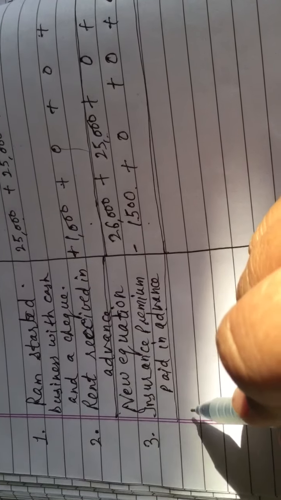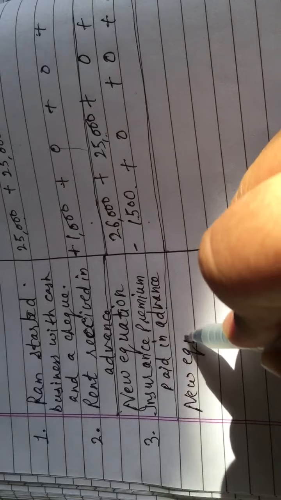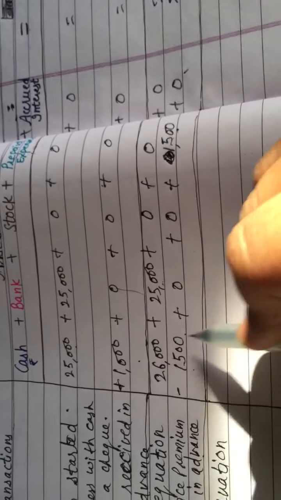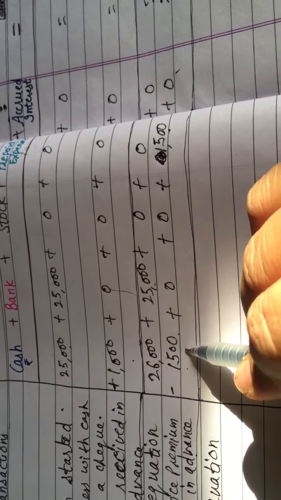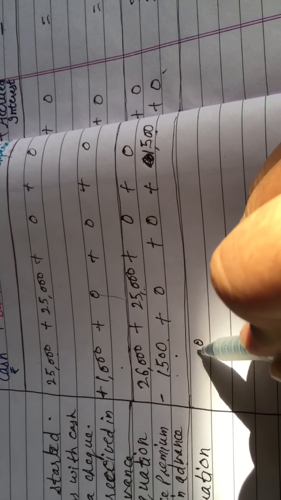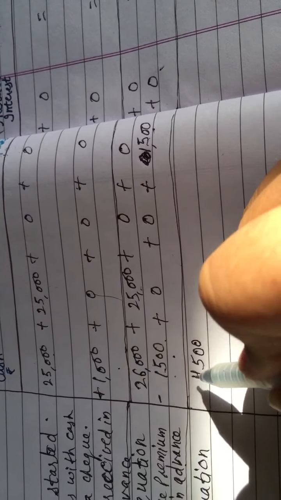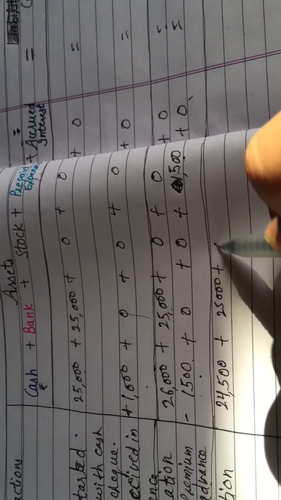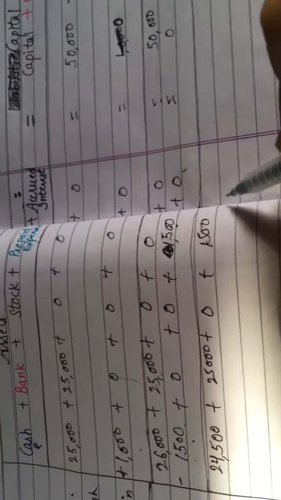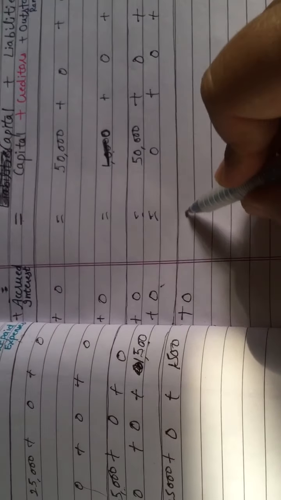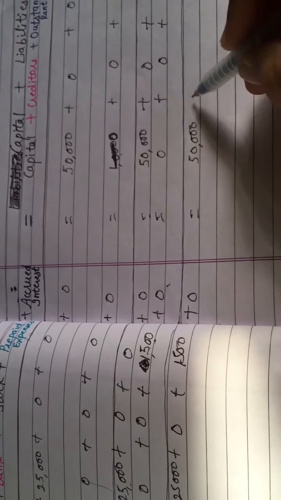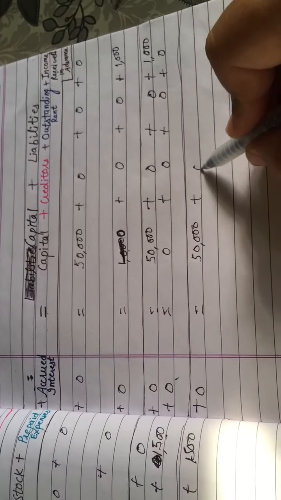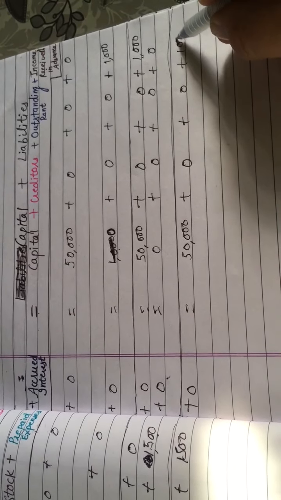You must draw a line with the help of pencil. That is, cash decreases by rupees 1,500, so the cash will be $24,500, bank 25,000, stock no change, prepaid expenses 1,500, accrued interest no change, capital will be rupees 50,000, creditors no change, and 51,000 liability plus capital.